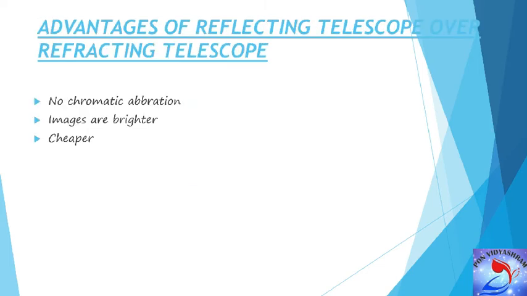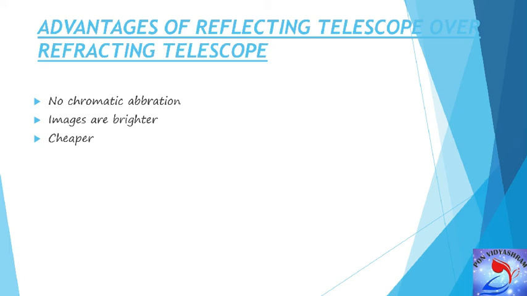Why do we use a reflecting telescope? Already one telescope we have seen, that is the refracting telescope with the use of lenses, but the reflecting telescope has many advantages over the refracting telescope. You will not have any chromatic aberration. We know chromatic is nothing but color. So no color, there won't be any blurred images.